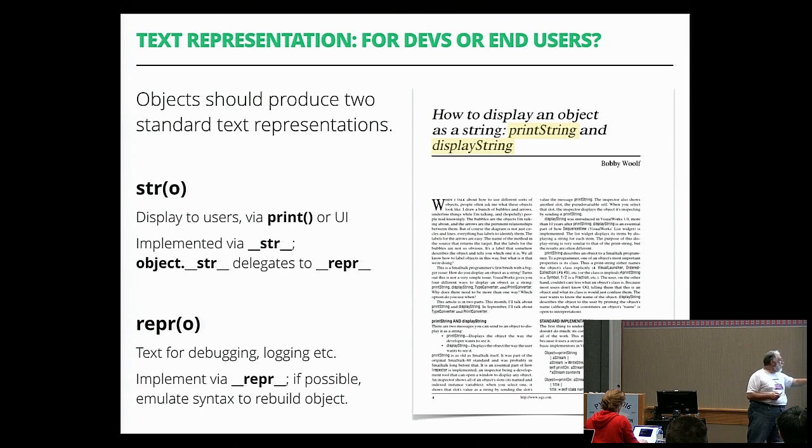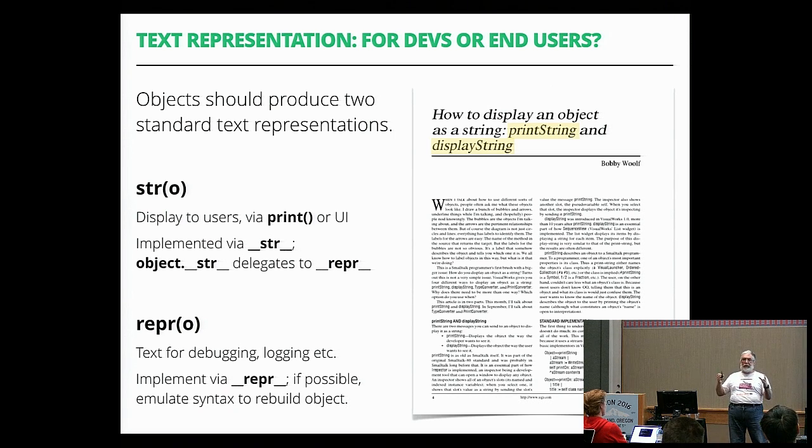Anyway, so the most fundamental one is actually this one, repr. It is used for debugging and in the Python console, when you just type x and hit enter, you will see the repr of x. If possible and useful, you should try and emulate the syntax to rebuild the object.